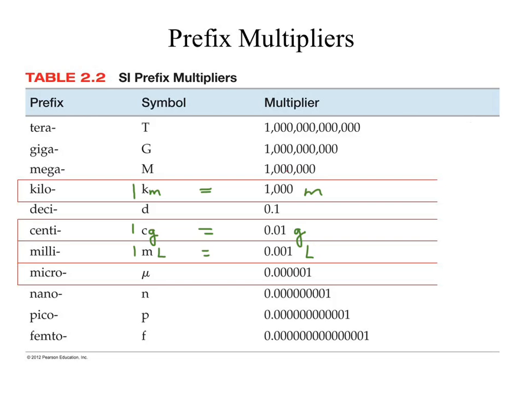And last but not least, let's go with time. If you have 1 microsecond, you have 1/1,000,000th of a second. Well, you get the idea.